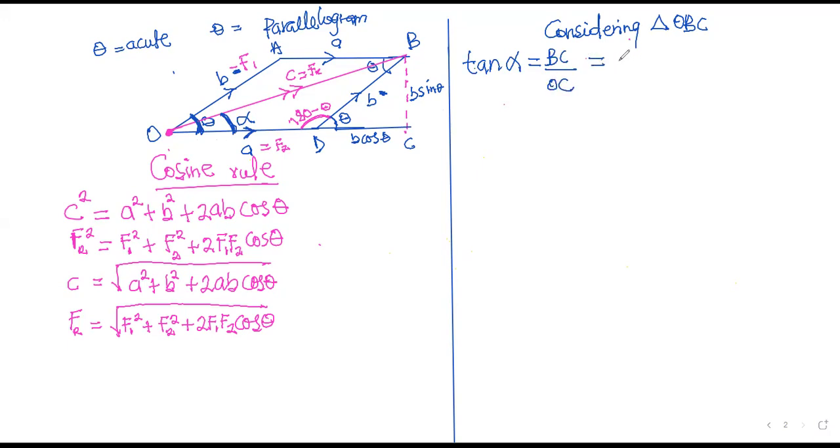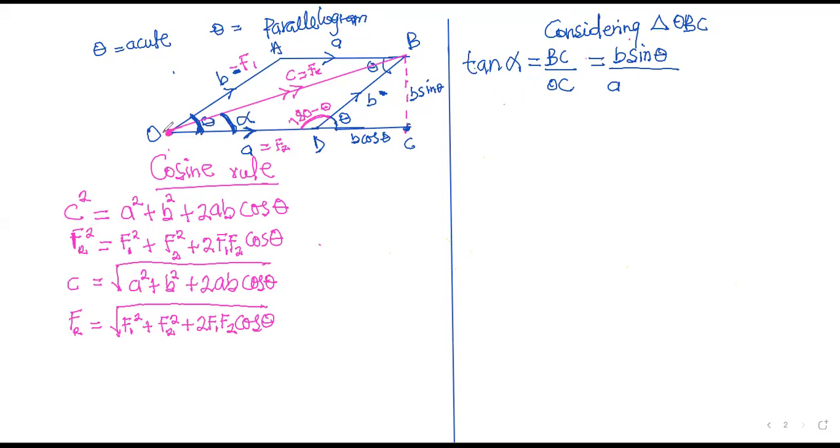Under this context, BC is B sine theta divided by OC, which is actually OD plus DC.